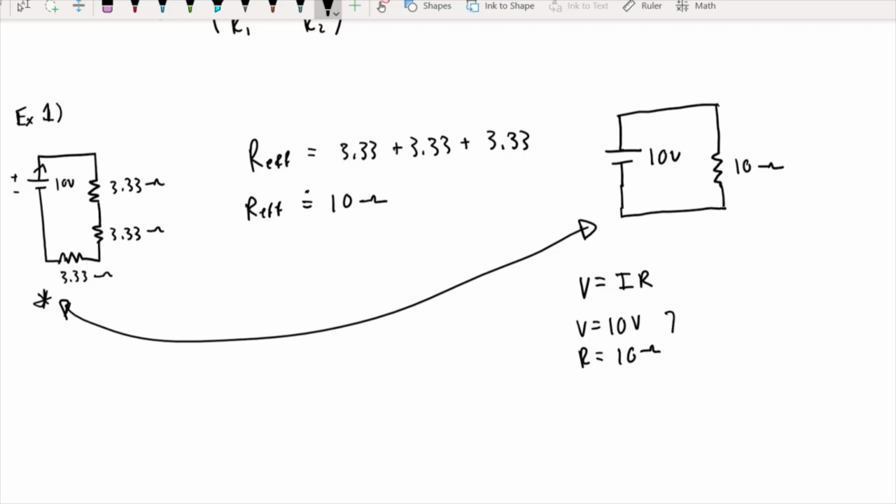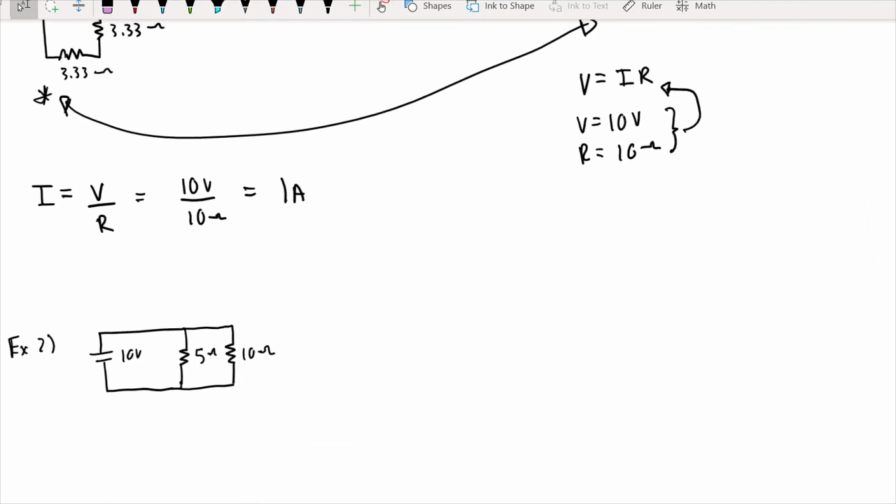So we could just rearrange Ohm's law and solve for current. I equals V over R, which equals 10 volts over 10 ohms, which is equal to 1 amp. So we found the current going through the circuit. The current is 1 amp.